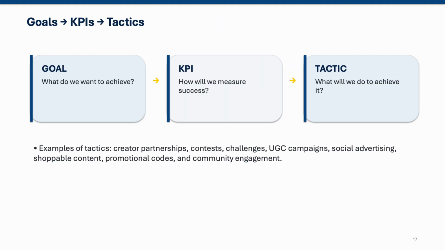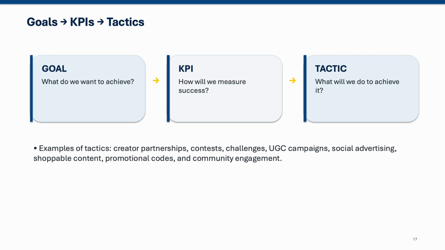And once you know the goal and how we're going to measure success, we can start thinking about tactics. The goal tells us what we want to achieve. The KPI tells us how we'll measure success. The tactics are the specific things we're actually going to do.